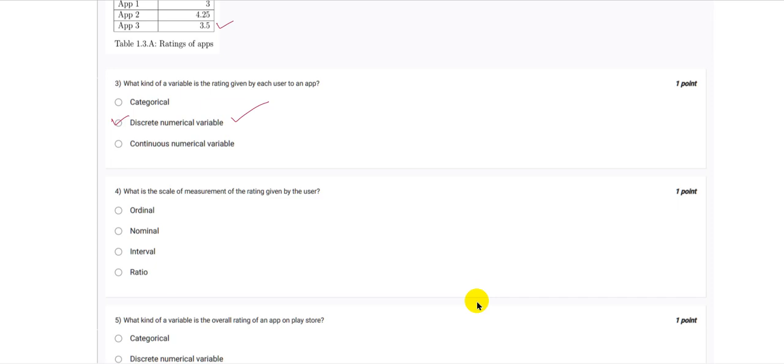So it is an interval scale of measurement, because there is no absolute zero. The rating given by the user cannot be zero, no absolute zero, and it is a numerical variable and we can perform addition and subtraction, so it is an interval variable. Next question.